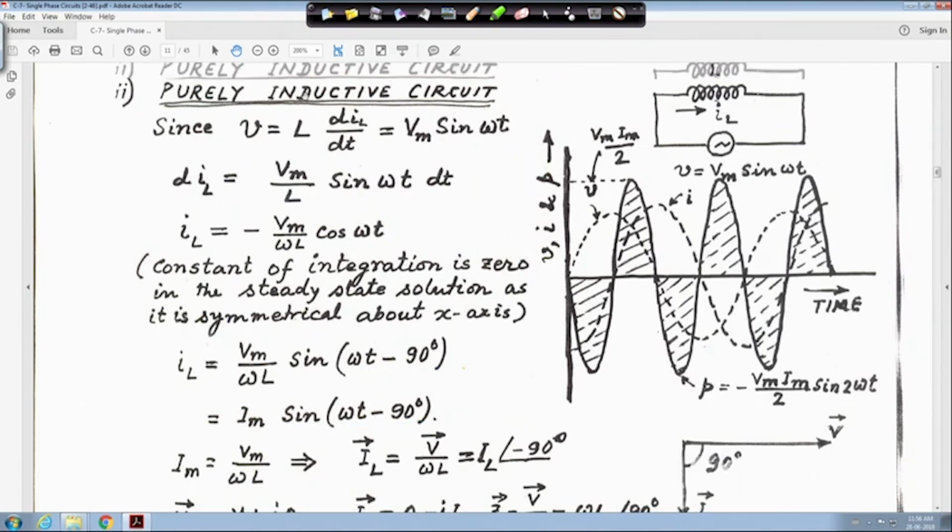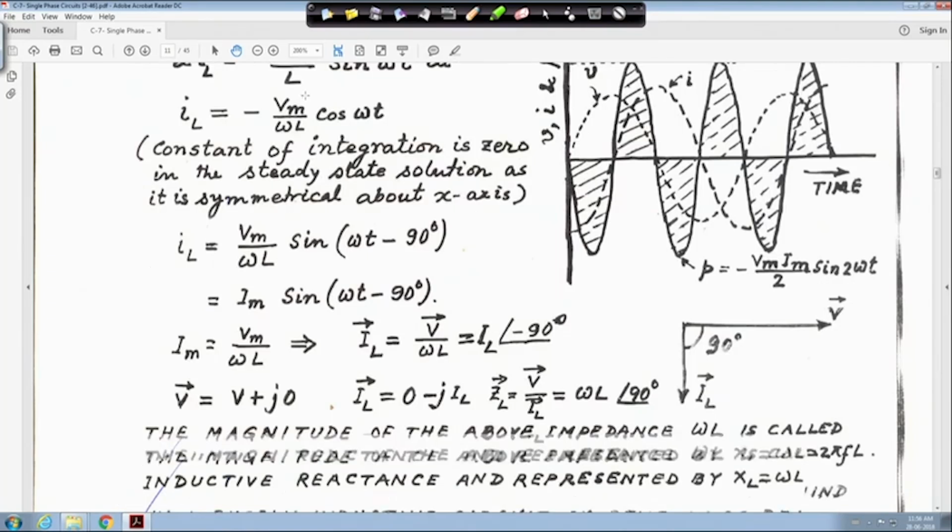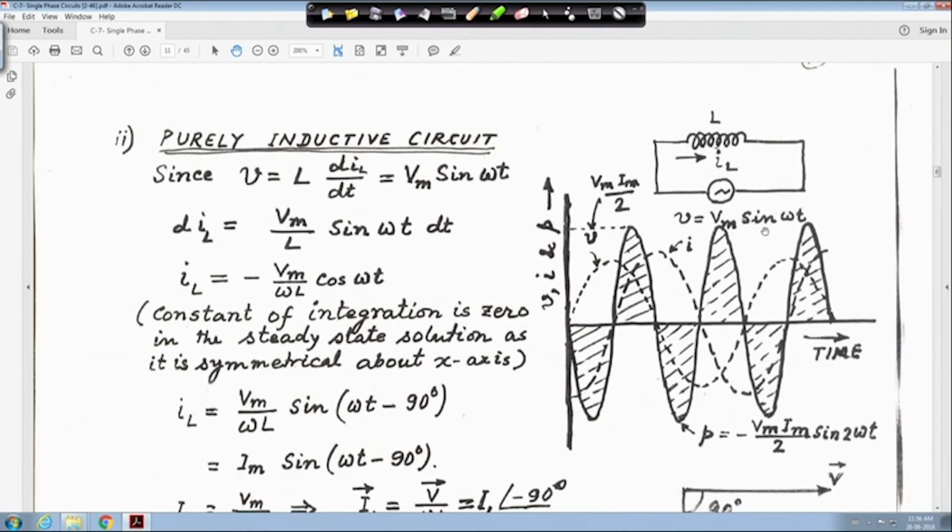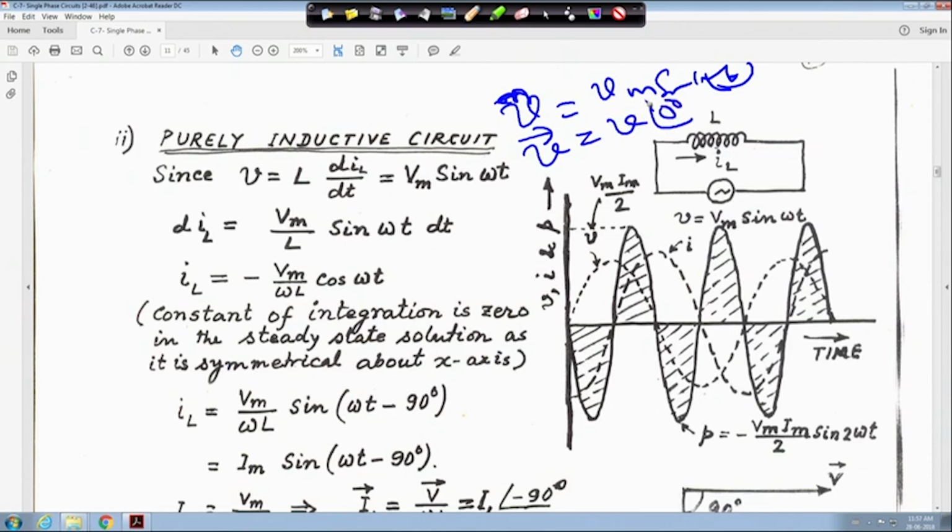So, in this case your voltage is V is equal to Vm sin omega t, right. No angle is associated with that. If you put it in phasor form, V is the RMS value, that is Vm by root 2, at angle 0 degree, right.